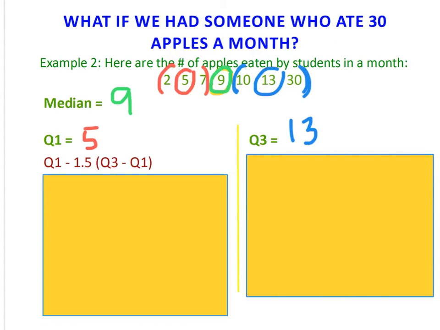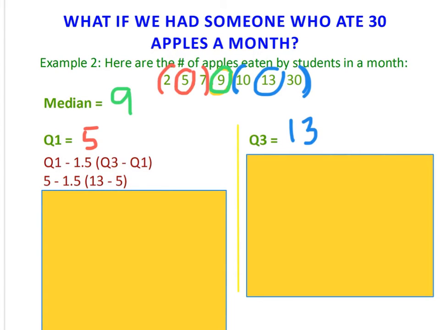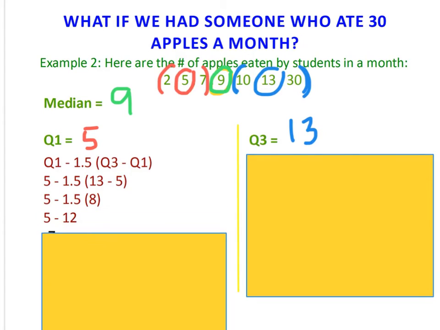Q1 minus 1.5 times Q3 minus Q1 is the formula that I use to calculate lower outliers. Well, Q1 is 5 minus 1.5 times Q3, which is 13, minus 5. So that would be 5 minus 1.5 times 8. 1.5 times 8 gives me 12.